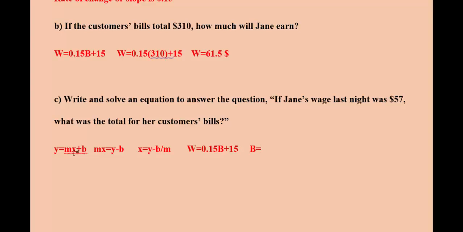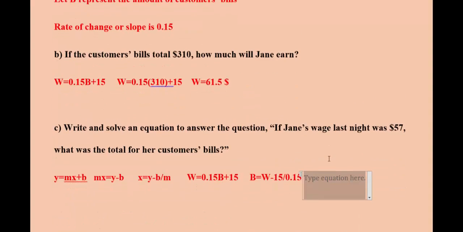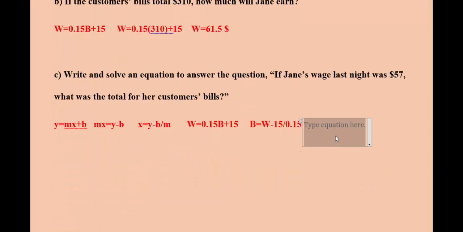So b equals y minus b, where our y is w and our b is 15, and the whole thing divided by m, which is 0.15. So we can now put the numbers.